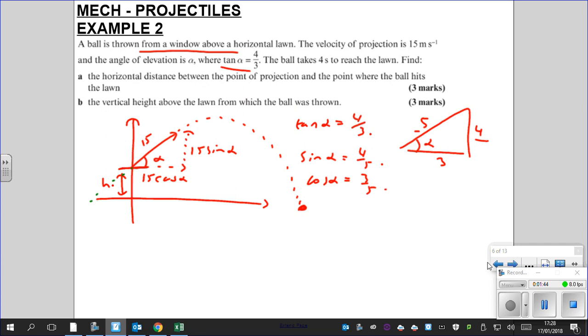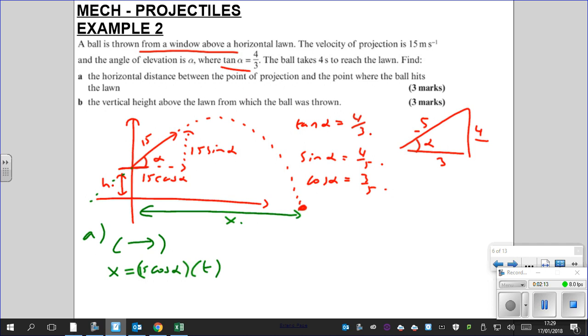Okay, so let's start working the problem. It's asking us to find the horizontal distance to where it hits the ground. So the horizontal distance here is our x distance, so going across, remember, put that arrow there, tell us where you're going, okay? So remember, for this one it's x equals your initial velocity, which is 15 cos alpha in the x direction, times by time, okay?